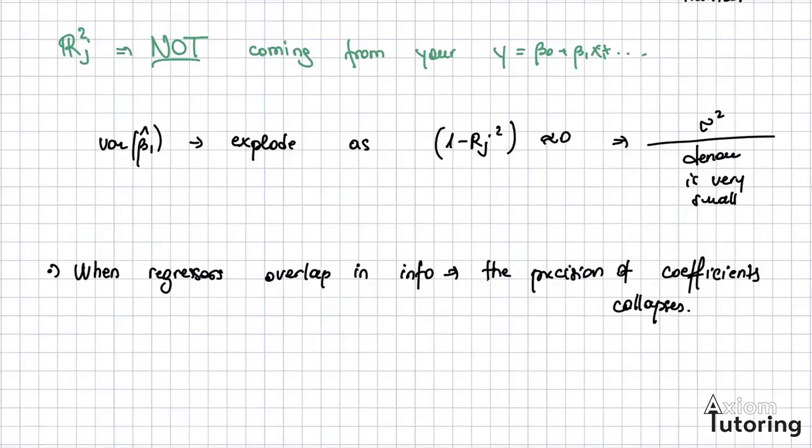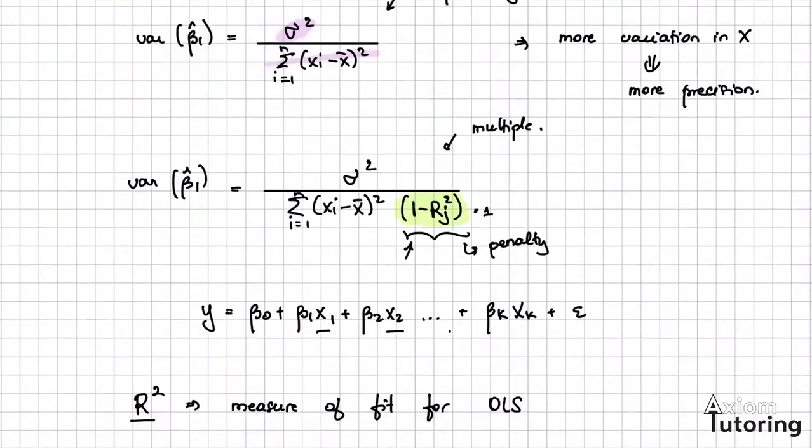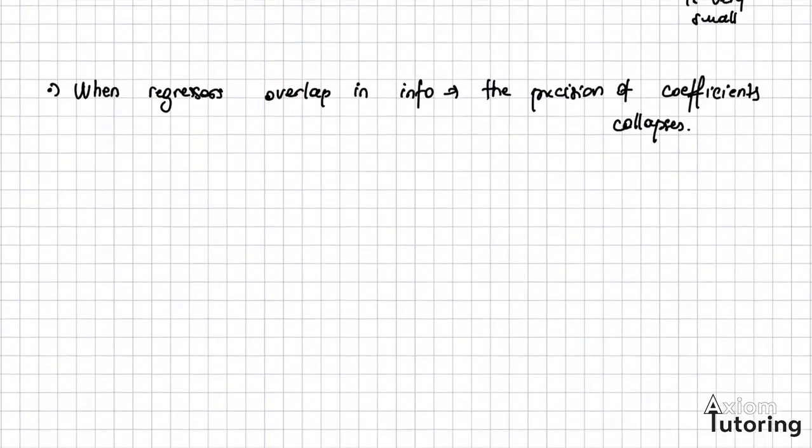Why does this matter? Well, keep in mind, this formula was very important for us to talk about the precision of our estimation of the beta 1 hat. So this formula is also teaching us: does adding regressors increase the variance of the coefficients, even if they are relevant? And the answer is yes. This is going to be a very important key takeaway when we get a little bit deeper into what the R squared does for us.